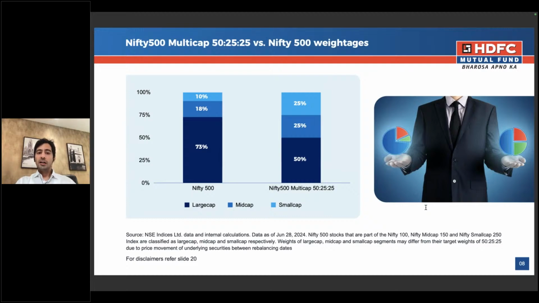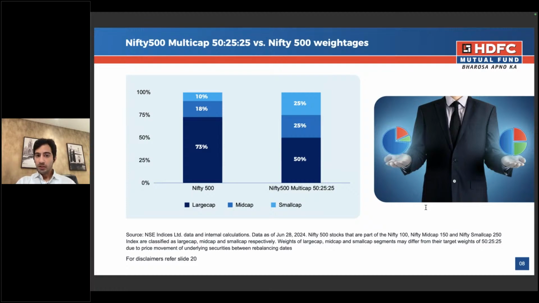So इसमें क्या है कि अगर आपको large, mid, small तीनों का exposure चाहिए, but you would want more exposure to the mid and small compared to large, then this index is very interesting for you, because इस index में large cap का weight 50% है, normal Nifty 500 में 72-73% weight है, so almost 22 percentage points large cap की weight कम है इसमें, and in its place, दोनों mid और small caps के weight बड़े हैं. So mid cap का almost 18 से 25% weight बढ़ जाता है, and small cap का weight 10 to 25.